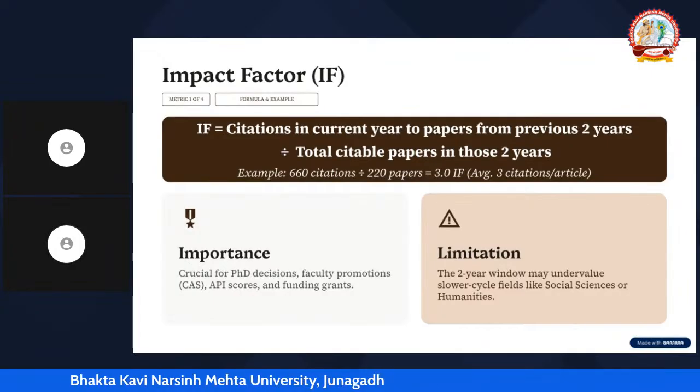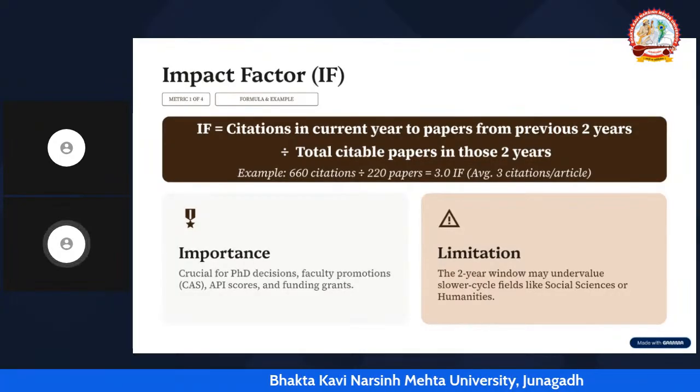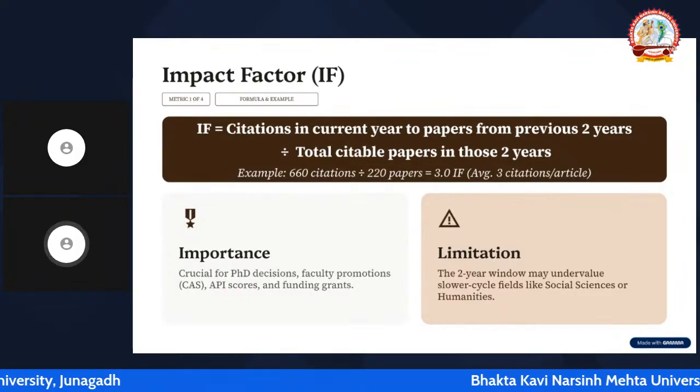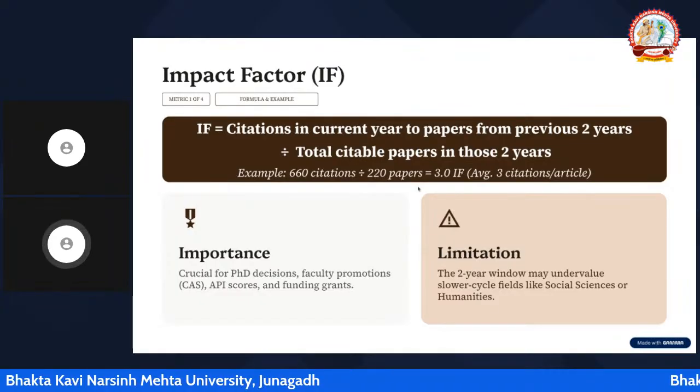As an example, we have a total of 660 citations for a particular journal, and in this journal we have 220 papers. With 220 papers, this journal is getting 660 citations. So 660 divided by 220 is 3.